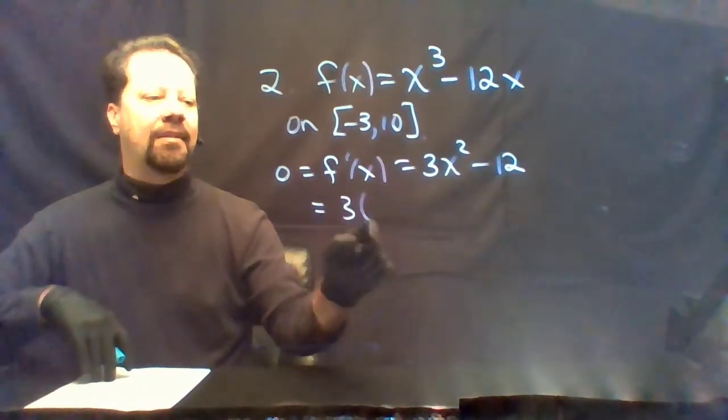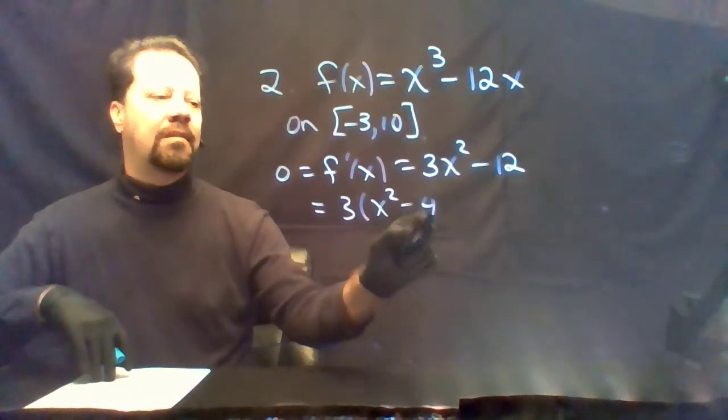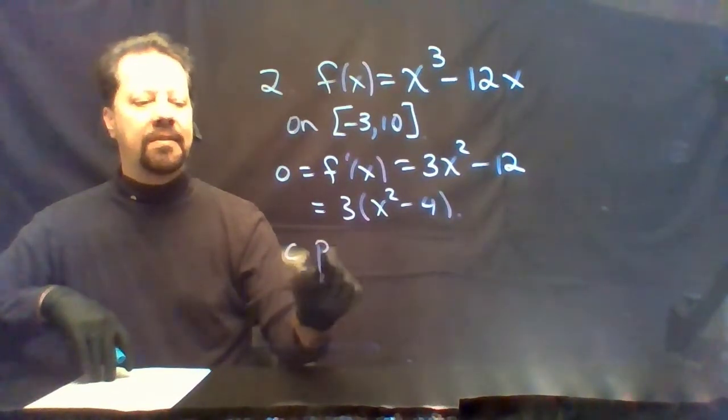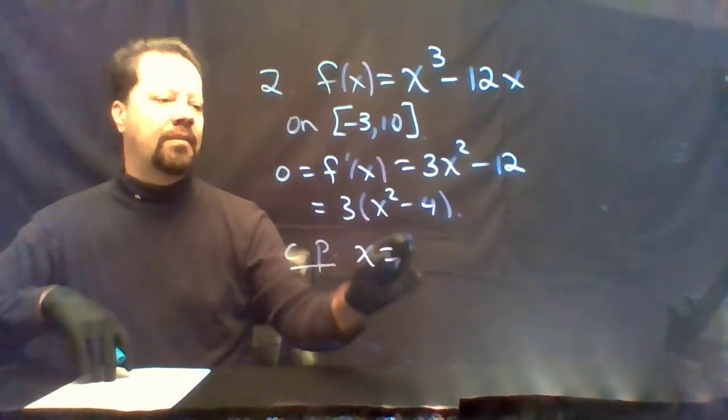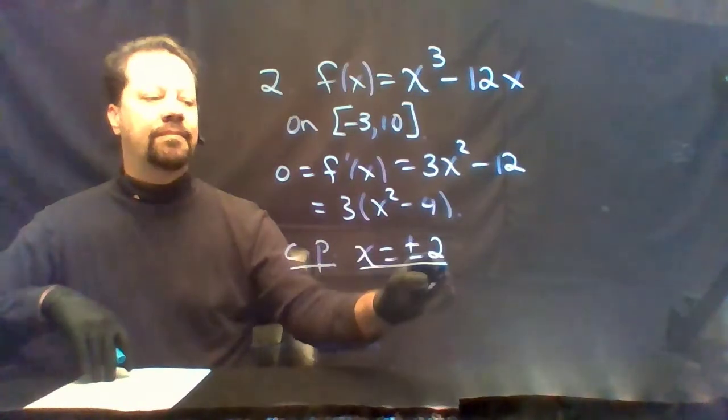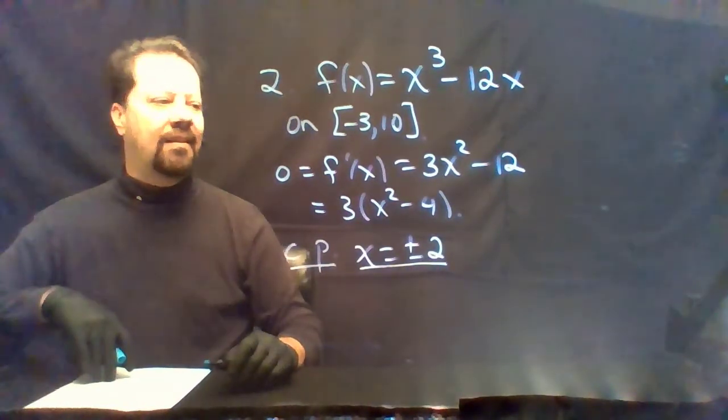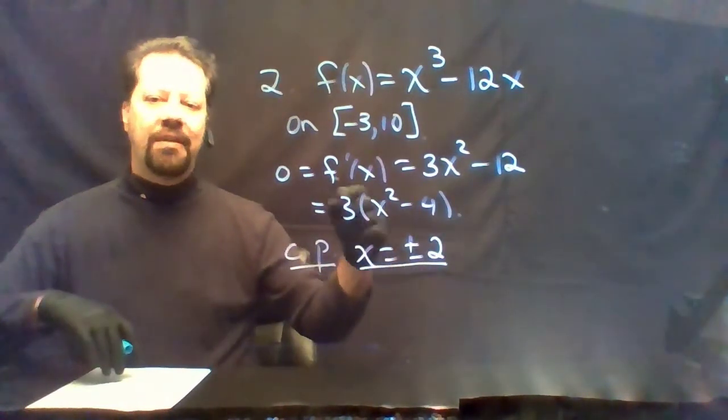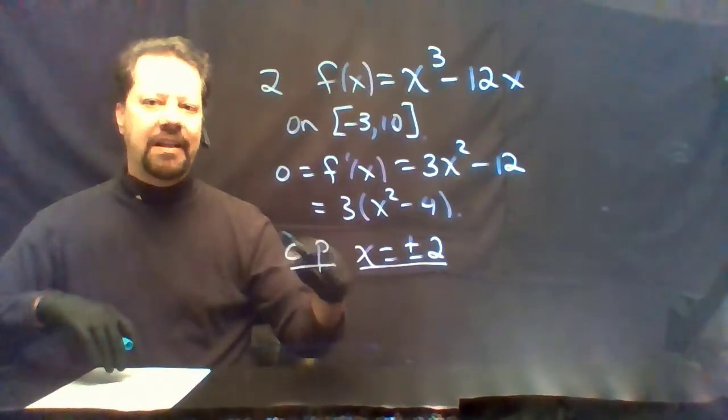Factoring a 3 out, we see that the critical points are plus or minus 2. We don't need to evaluate the derivative to find intervals of increasing or decreasing.